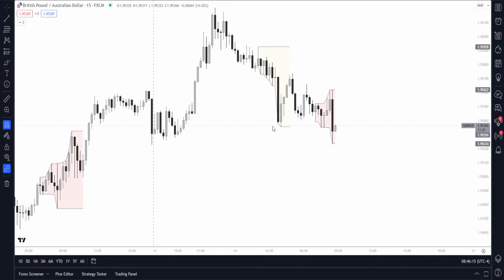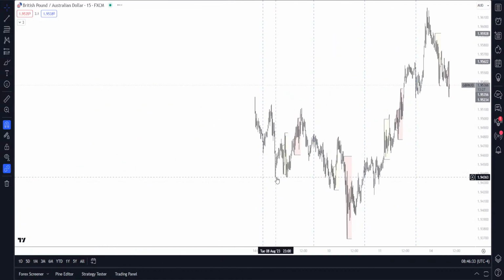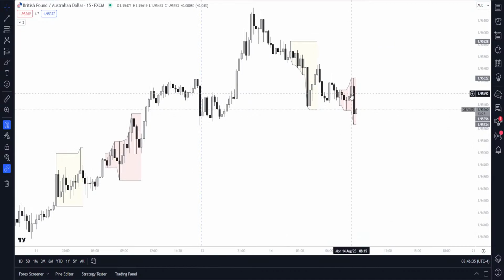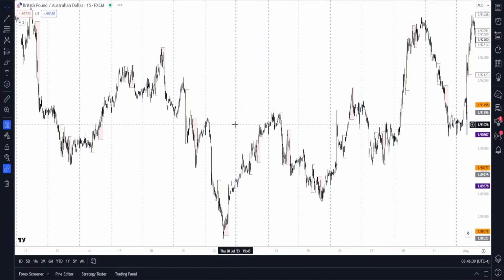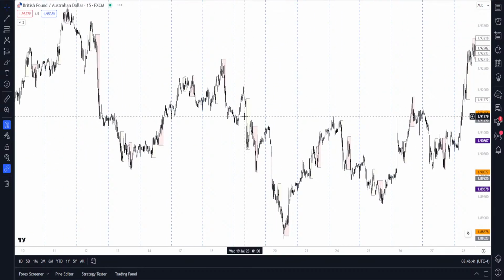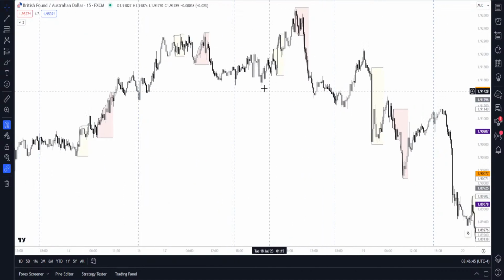So the last one was in July 17th, okay? So if we go on GBP AUD, and we go July 17th, right? We should find it right here. So this is July 17th.